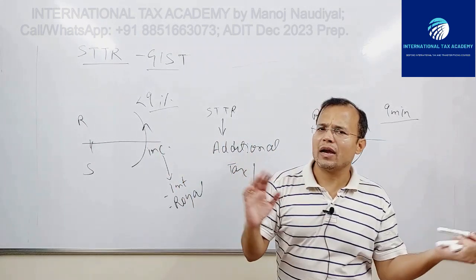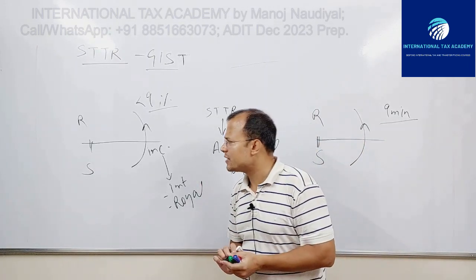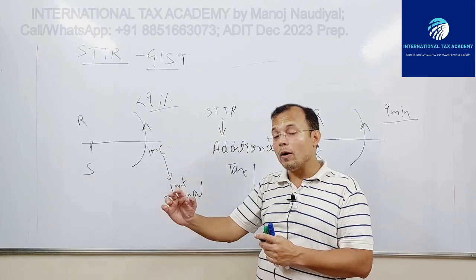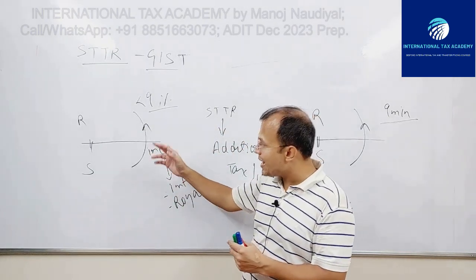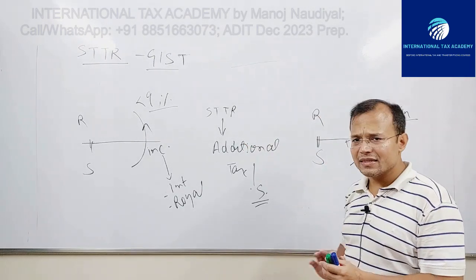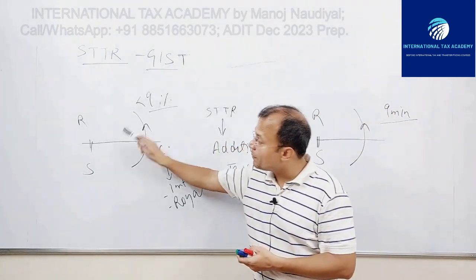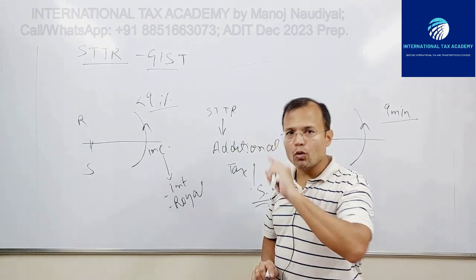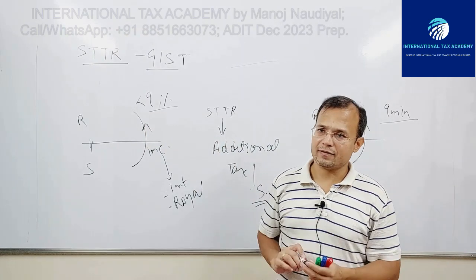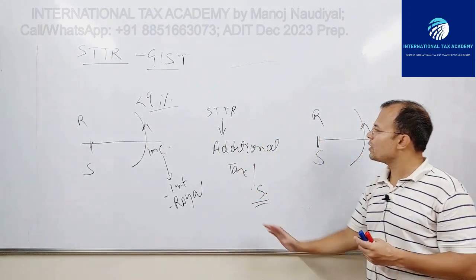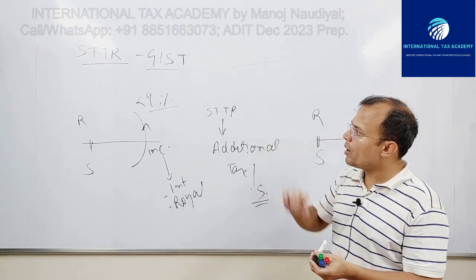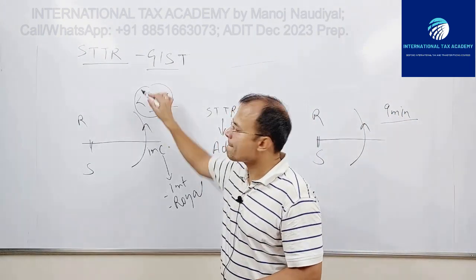It does not reallocate the taxing rights between R and S. Applicable to outbound intra-group payments between S and R. It's an additional tax. The tax which is already paid in R will be taken into account. And then the commitment between R and S. So this is a quick gist of what is STTR. The key point is this rate, 9%.